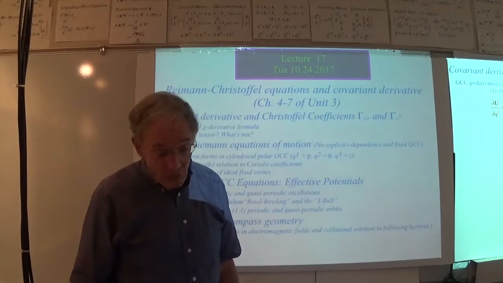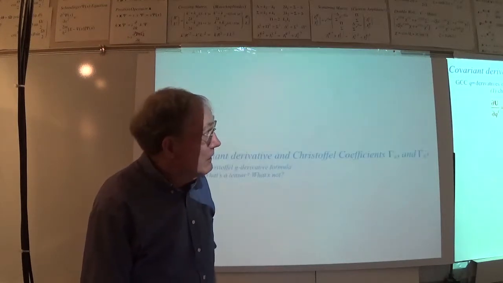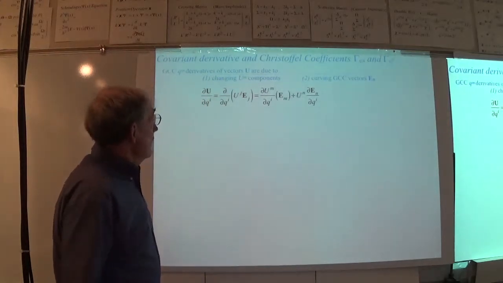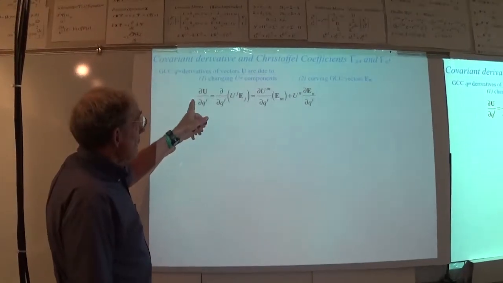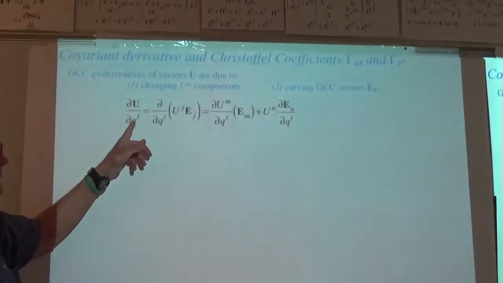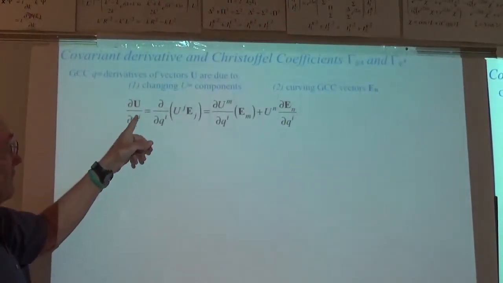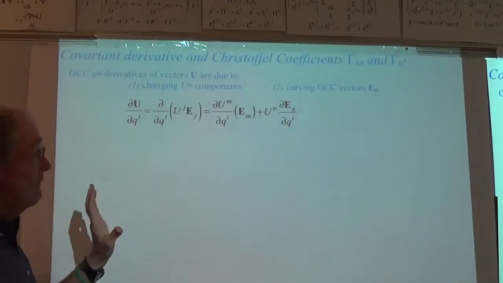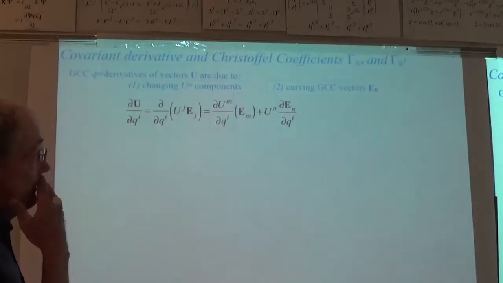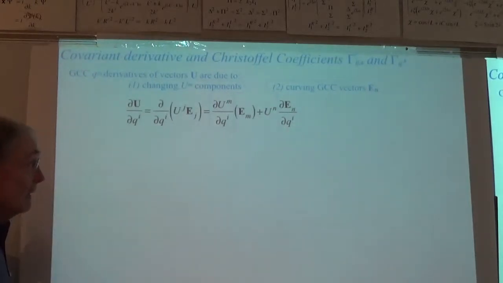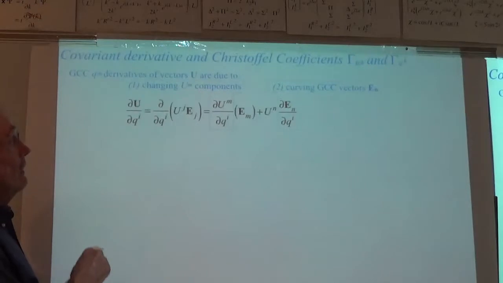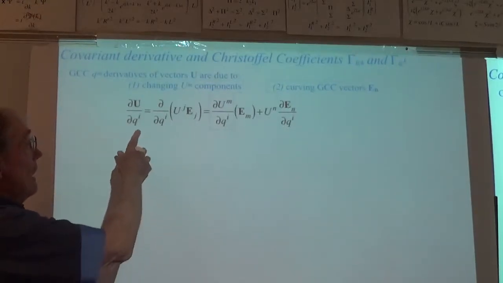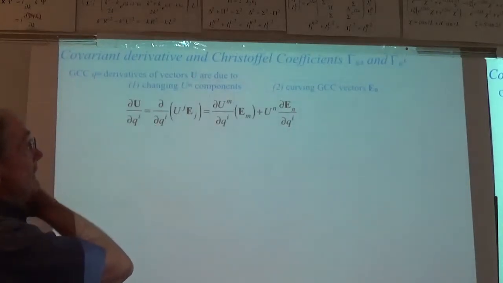Okay, so let's go ahead and look at what the problem is here. If you're going to take a generalized coordinate derivative, that is, take a derivative with respect to a contravariant quantity, and that's all you have in the formalism as presented by all of the books that use this generalized tensor analysis, you have two things that vary.